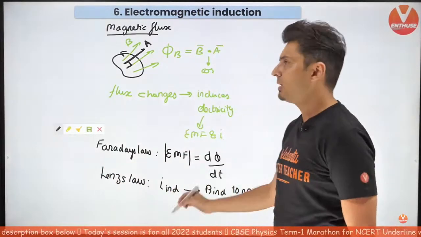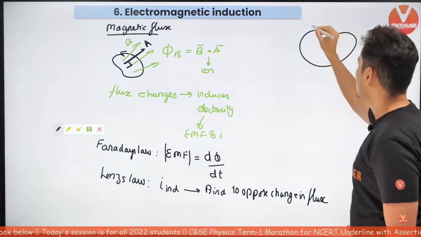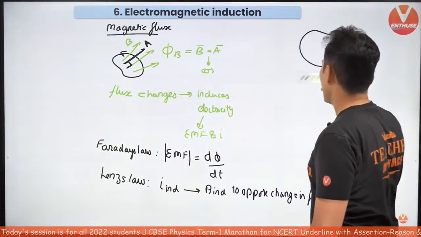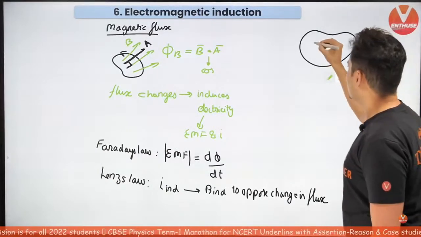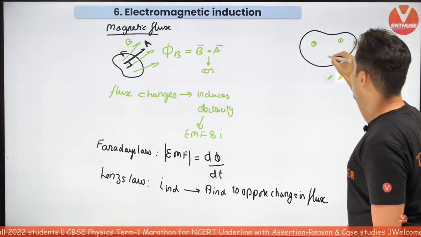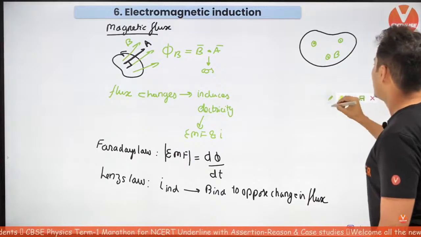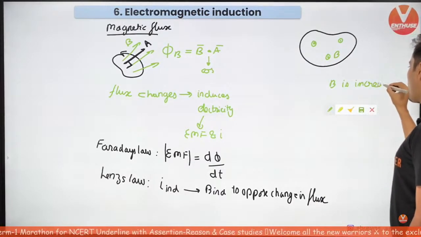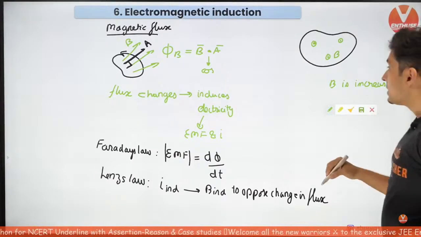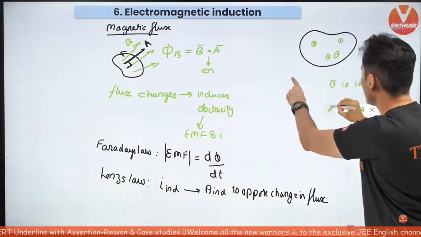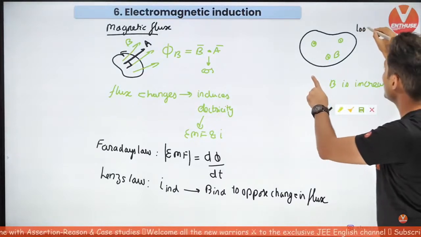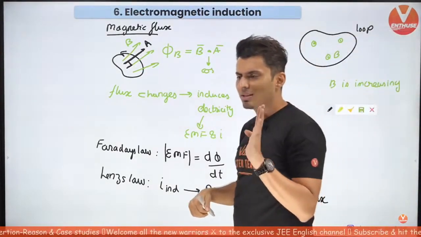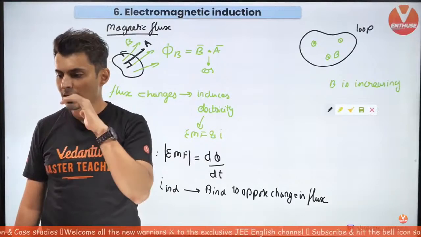Just to give you an example, imagine this is a loop, and imagine the field is coming towards you. This is the field. Let's say this B is increasing. Then in this particular loop there will be induced current. The question is, what is the direction of the induced current?